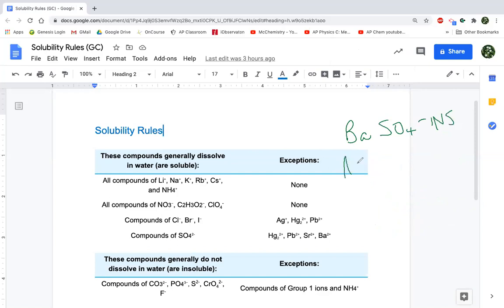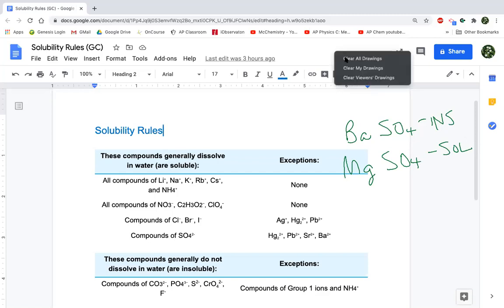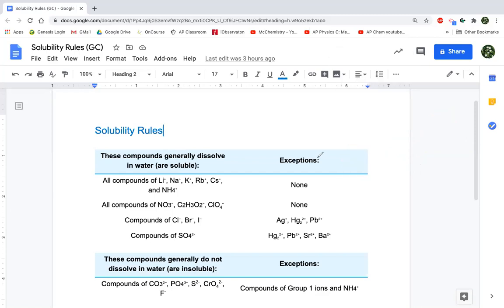But if we had magnesium sulfate, so it's not an exception, compounds of sulfate are generally soluble, so this would be soluble. So that is for the soluble part of the solubility rules.